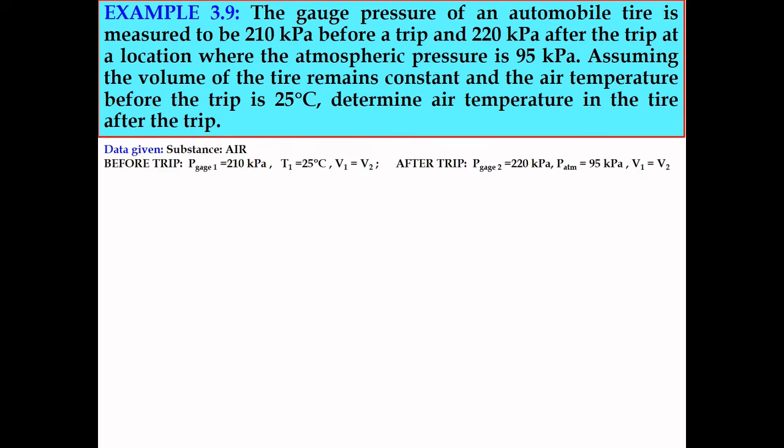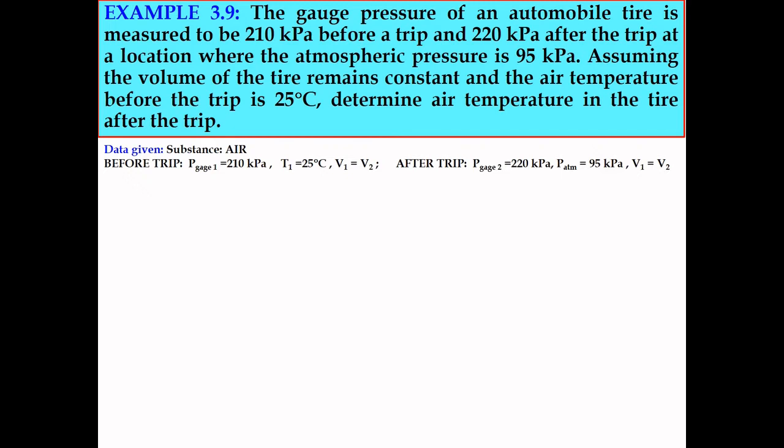Okay, so data given, the substance will be air inside the tire. Before trip condition, P gauge 1 equal to 210 kPa, T1 is 25 degrees Celsius, volume is constant, where V1 equal to V2.